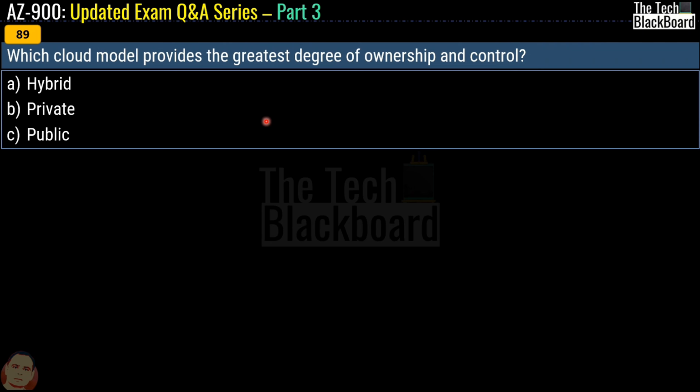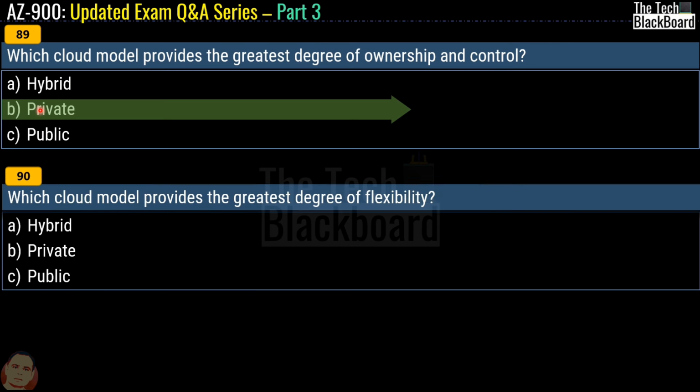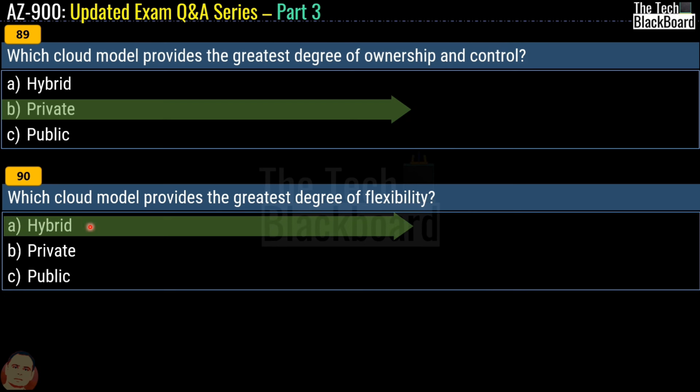And here comes question number 89, which says: which cloud model provides the greatest degree of ownership and control? Your options are hybrid, private, or public. The correct answer is obviously private cloud. Coming to question number 90, it says: which cloud model provides the greatest degree of flexibility? The correct answer for this question is hybrid cloud.